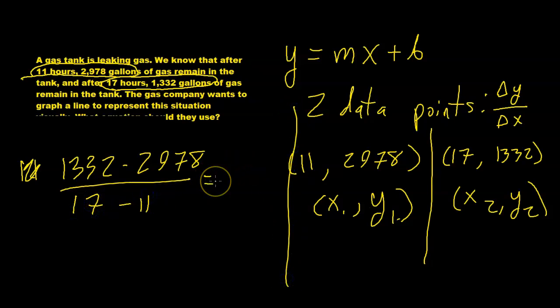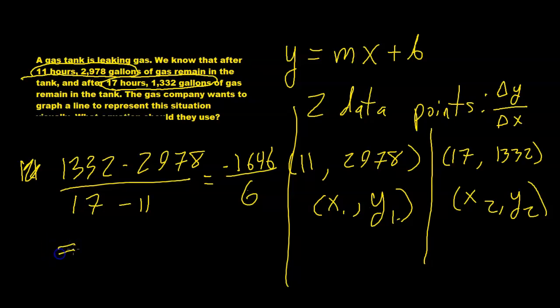So what's our numerator going to be? We're going to get negative 1,646. It makes sense that it should be negative since this gas tank is losing gallons of gas, so our rate of change should be negative. And 17 minus 11 is just going to be 6.